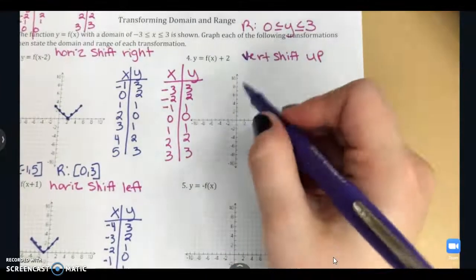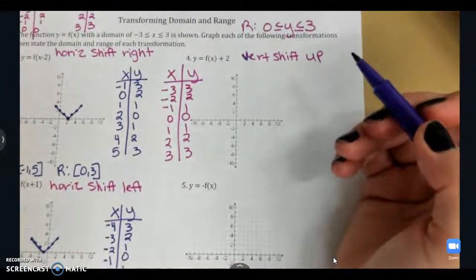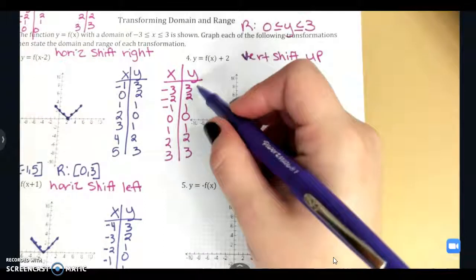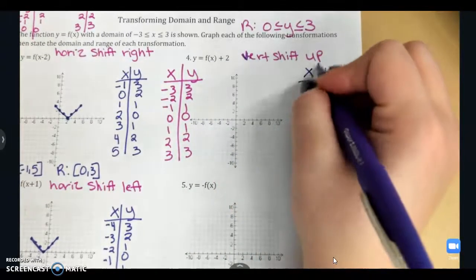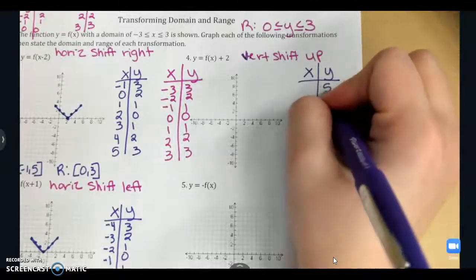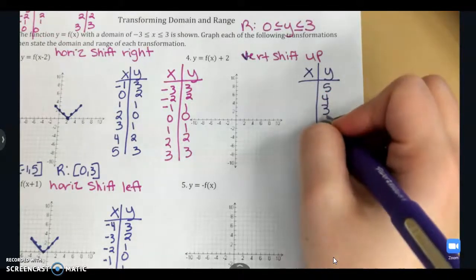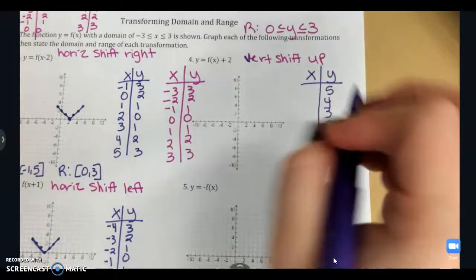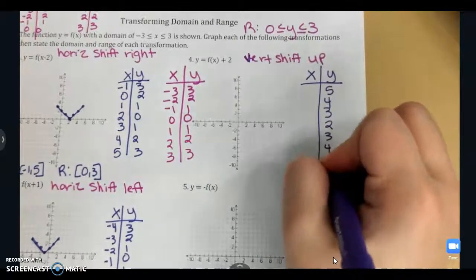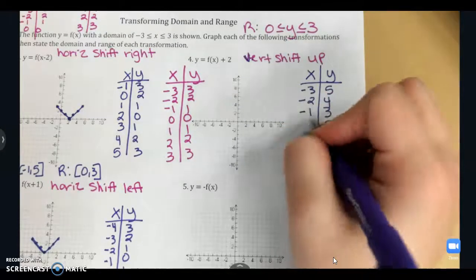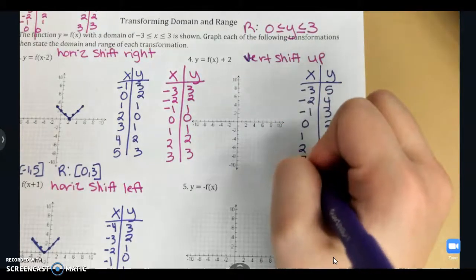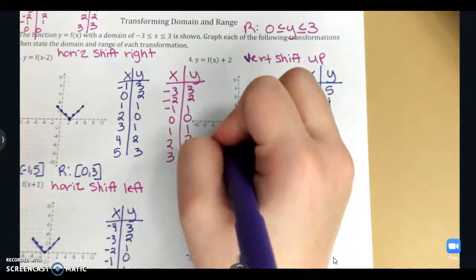If we're shifting up 2, that means that they are going to be increasing by 2. So I'm going to add 2 to each of my y values. And my x values are going to stay the same. And we'll plot our new points.